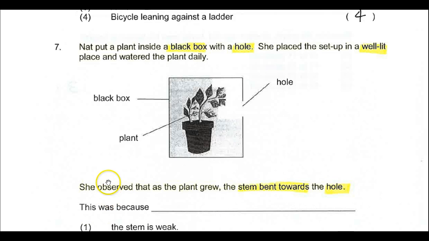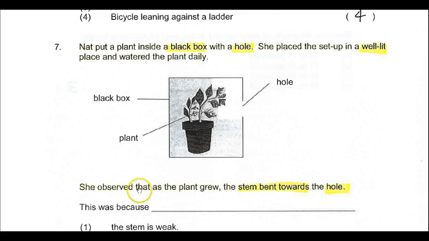7. Ned put a plant inside a black box. This is the black box, meaning light does not go in, the box is opaque, and it has a hole right here. This means that the surrounding light should be able to go into the box through the hole here. And you can see the tilting of the plant over here.